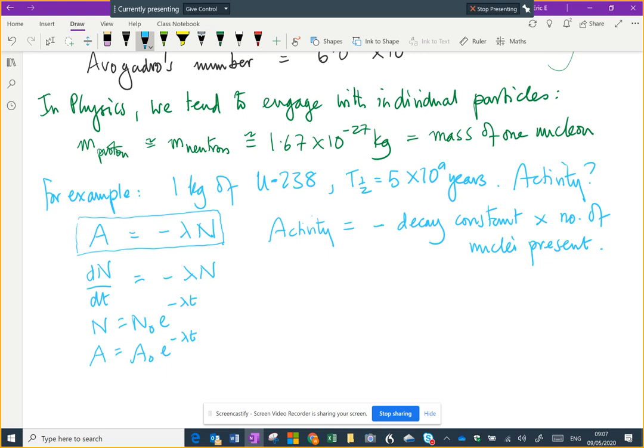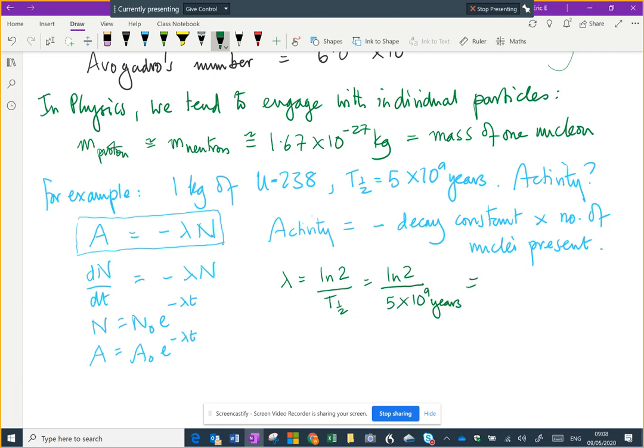Okay, so here we go. We're going to change color again. Lambda is ln 2 over t half. We proved that last term. So it's ln 2 over 5 times 10 to the 9 years.